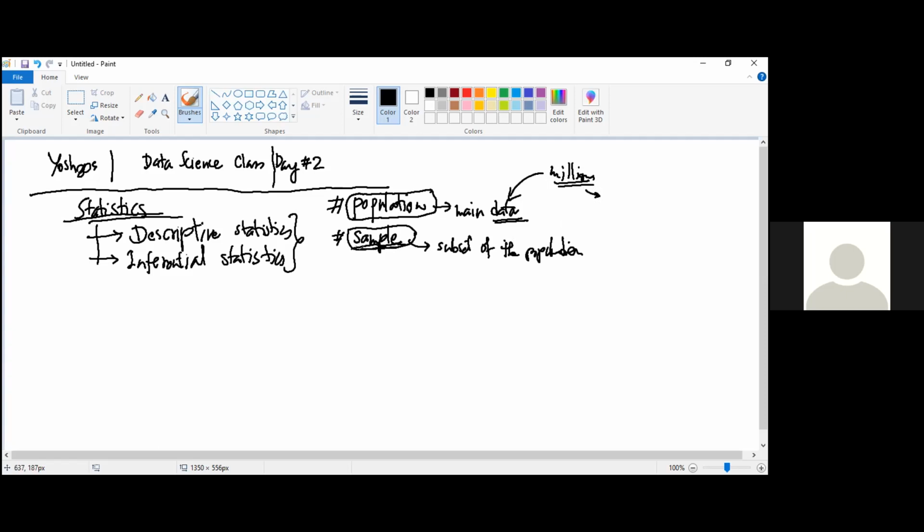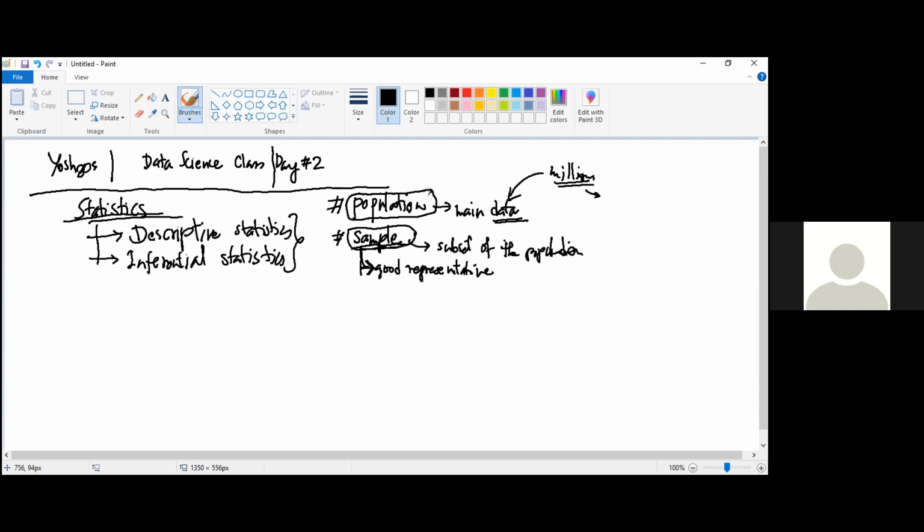And the condition is that the sample should be a good representative of the population. The sample should be able to represent the population faithfully. For that also there are certain criteria that we will discuss as to how to take samples from a population that would make it meaningful. But for the time being, you can remember these two terms.